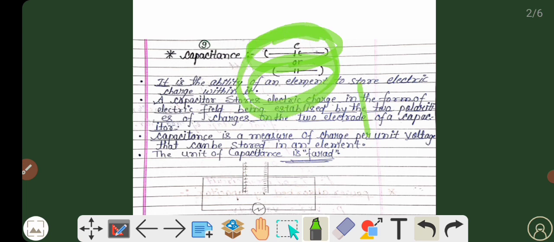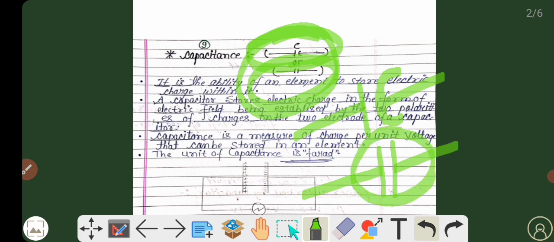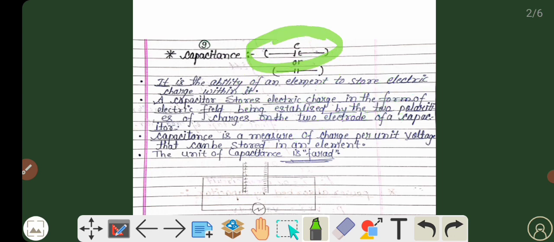The first one is somehow bent at both the ends, and the second one is this one. In the second case, both these two lines are of equal length and neither is bent at its end. These are the symbols of a capacitor, and it is denoted by the capital letter C.